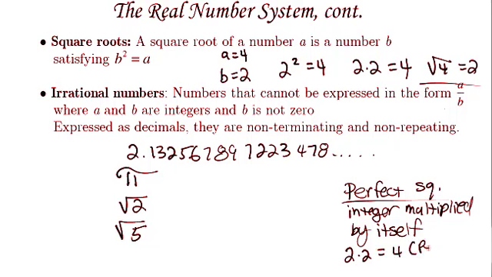That's a perfect square. Or 3 times 3 equals 9. Well, if I take the square root of 4, it's 2, and the square root of 9 is 3; those are not irrational numbers. Those are rational numbers. However, if I take the square root of 2, that's an irrational number. All of these are irrational numbers.